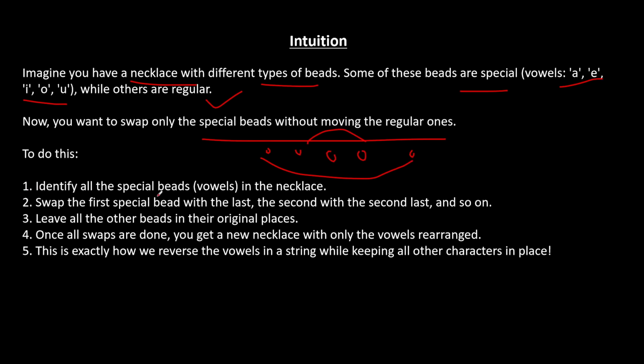We will identify all the special beads in the necklace, and swap the first special bead with the last, the second with the second last, and so on. We'll leave all the other beads in their original places. Once all swaps are done, you get a new necklace with only the vowels rearranged. This is exactly how we reverse the vowels in a string while keeping all the other characters in place.